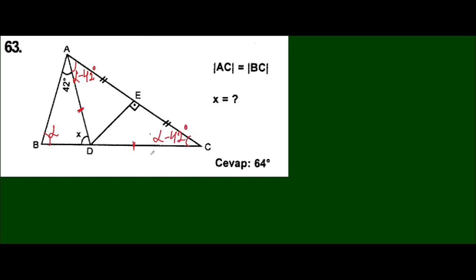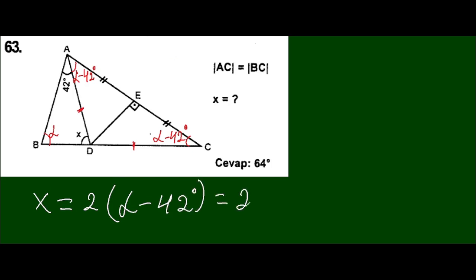And the last step is to know that x will be equal to 2 times alpha minus 42 degrees. Oh, not 40, 42 degrees, and it will equal 2 alpha minus 84 degrees.